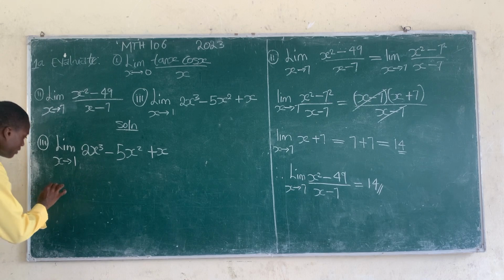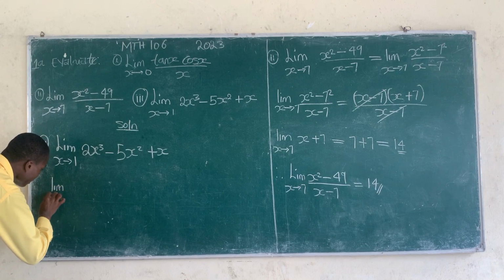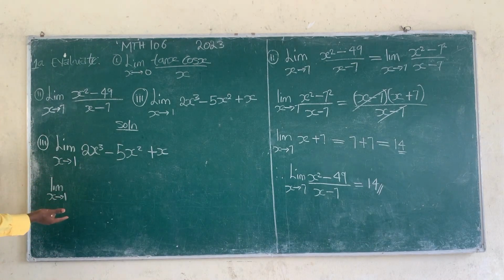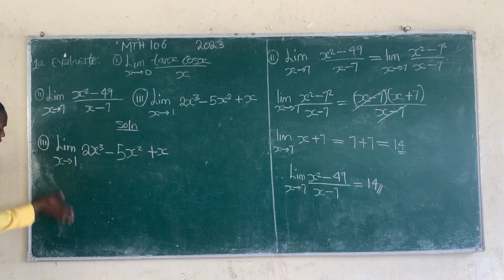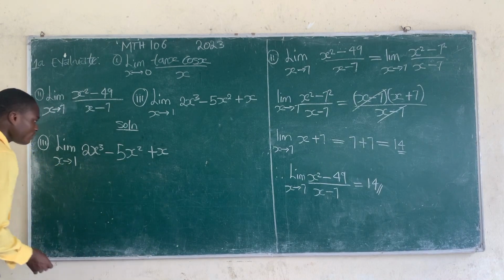So what we are going to be having here is the limit as x approaches 1 of, okay, we can directly substitute our value. Since this is a polynomial function, we can directly substitute x equal to 1 into the given function.